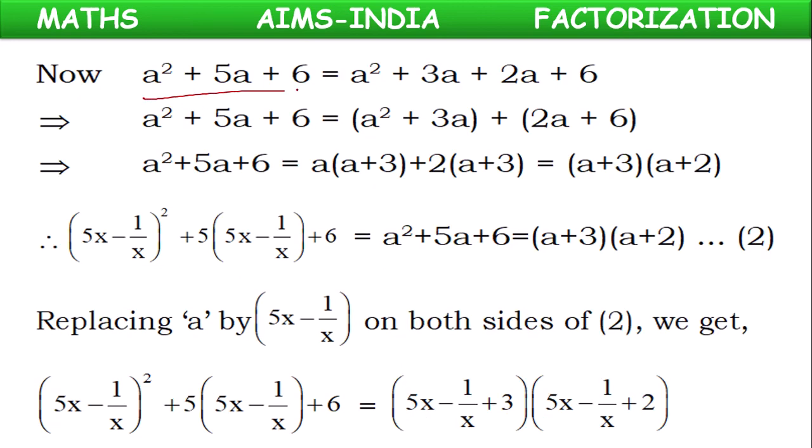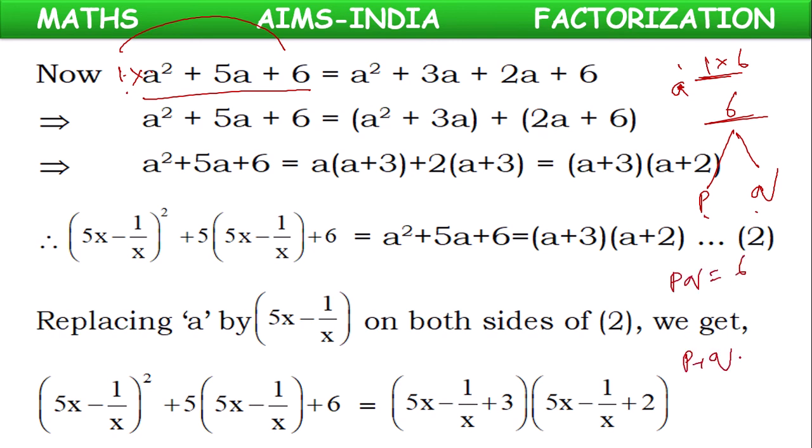So a square plus 5a plus 6 means here a square before coefficient is 1. 1 into 6, we are getting 6. We should split 6 into 2 terms, P and Q, such that PQ equal to 6, P plus Q equal to middle term, how much? 5.